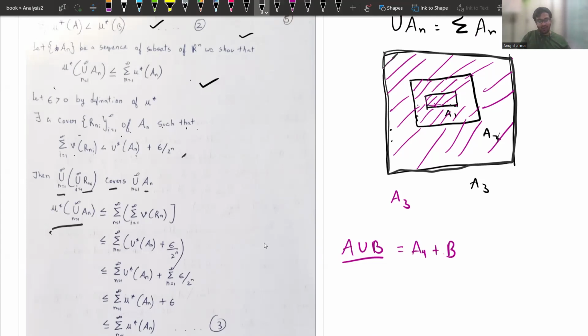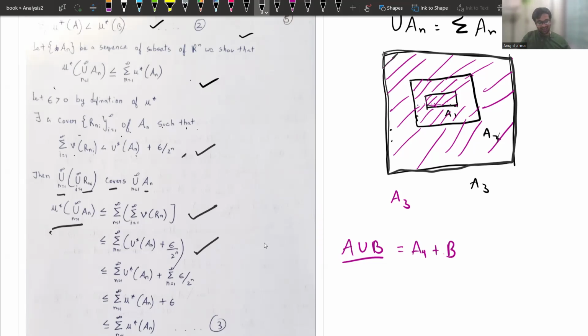It simply means that the measure of An is less than or equal to the individual sum of the covers of every set, as we have already mentioned here.